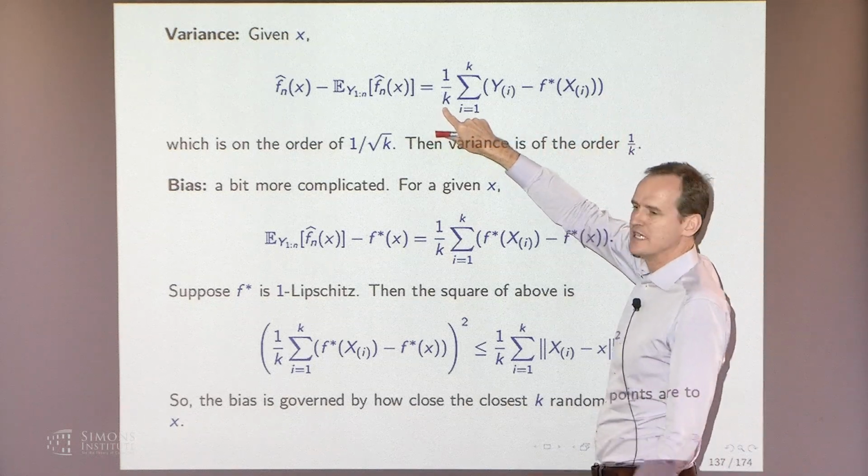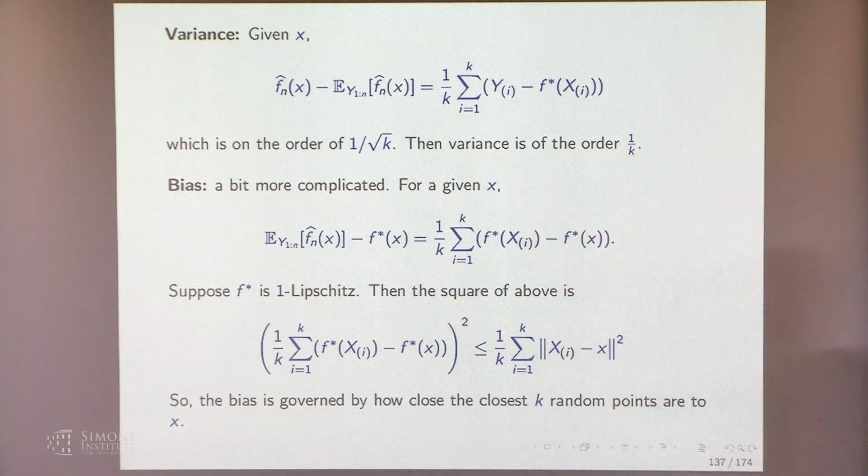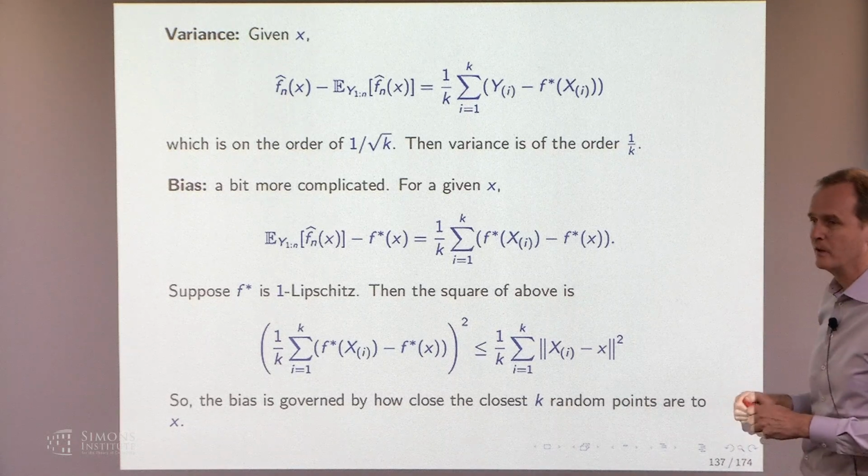controlled, and in particular goes down as we increase k. Okay, so by taking a bigger and bigger average across these closest points, if we include more and more of them, we get a smaller variance. The variance goes down like 1 over k. Okay, so the bias part, there's more work to do.